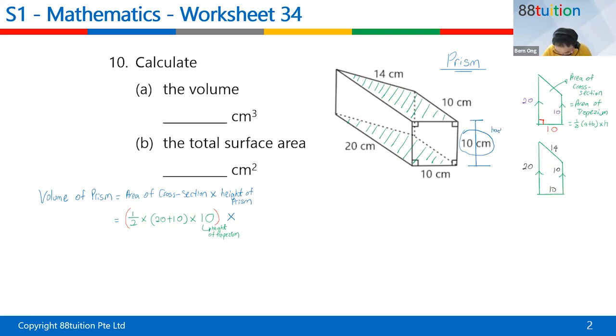You must be able to visualize the diagram, which is 10. All you have to do is press your calculator, and you will get 150 times 10. Your answer will be 1500 cm cubed. Woohoo! I'm good.